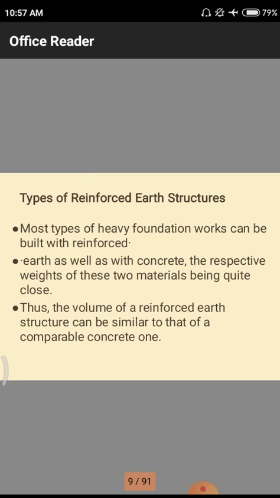But in today's class we are discussing different types of reinforcements and their distribution of the mass to the structures. Most types of heavy foundation works can be built with reinforcement. Why? Because heavy foundation means a huge amount of load is borne by the structure.